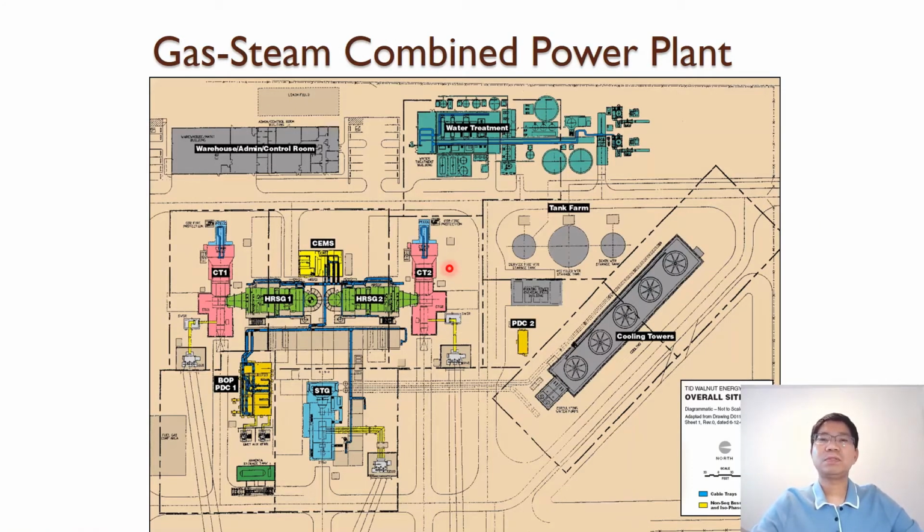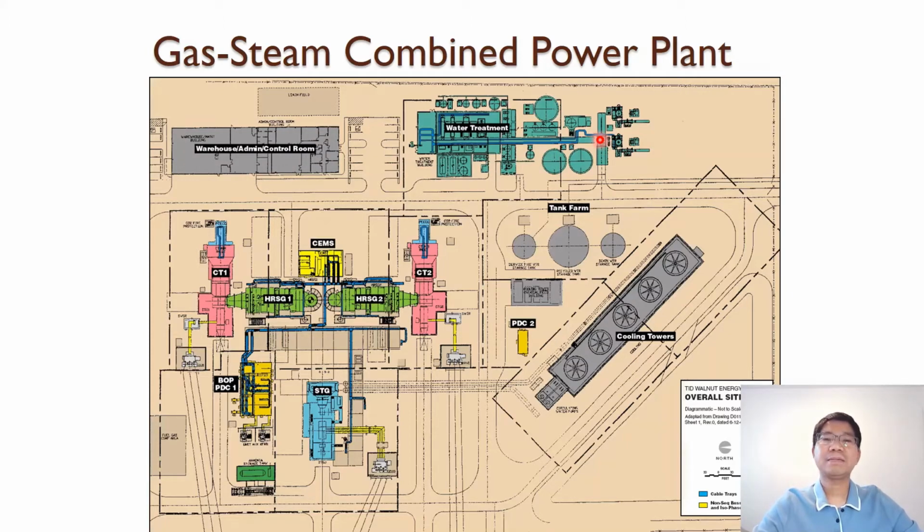Let me give you an example. This is a gas steam combined power plant. So you have the major heat recovery steam generator. Here you have a cooling tower, because this is hot water, administration, control, warehouse, and then we have the area water treatment for this power plant.